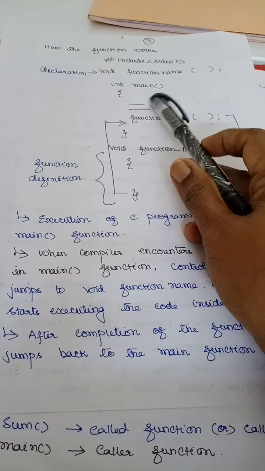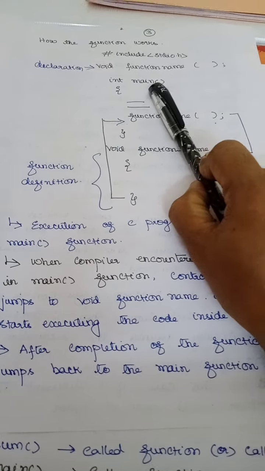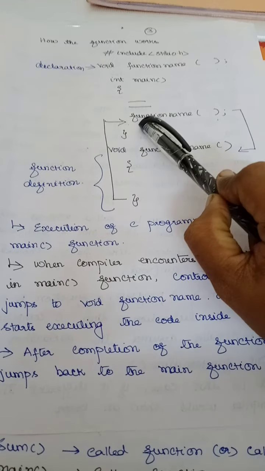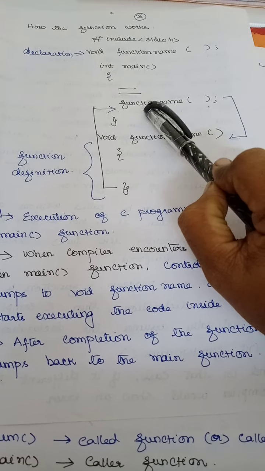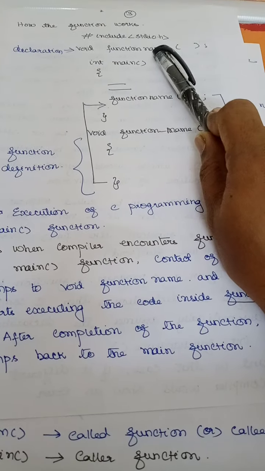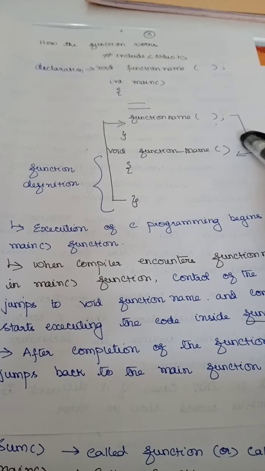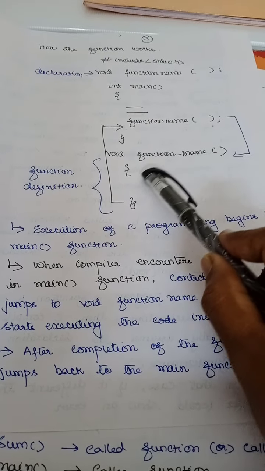So you already know the execution always begins from the main. So here from the main it will start executing. Once I see the function name, we have already told the compiler that you have got a function name like this. So whenever I see this, the control will be transferred to the function. So here I will perform all the operations.